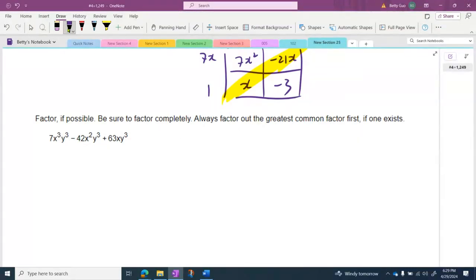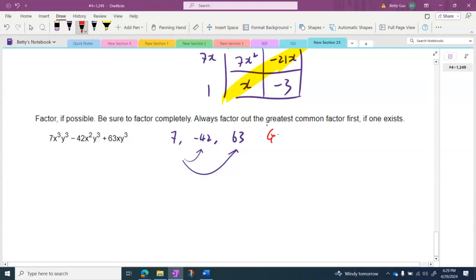Firstly, check the numerical coefficients. We have 7, we have negative 42, we have 63. 7 goes into 42. 7 is a factor of 42. 7 is also a factor of 63. So by the first special case, the three numbers have GCF 7.